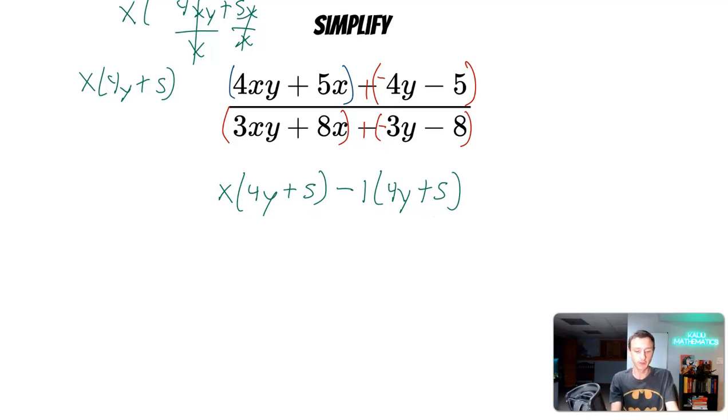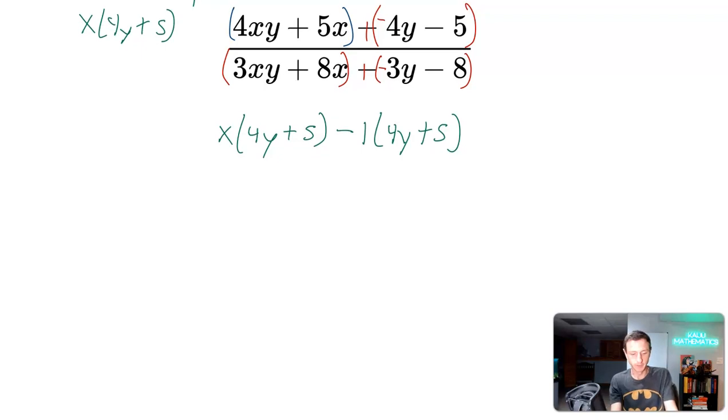So now I'm going to factor out the 4y plus 5. Let me go down here. I'm going to factor out the 4y plus 5, and I'm left with x minus 1. The only thing we could hope for here is that something on the bottom is going to factor with that.